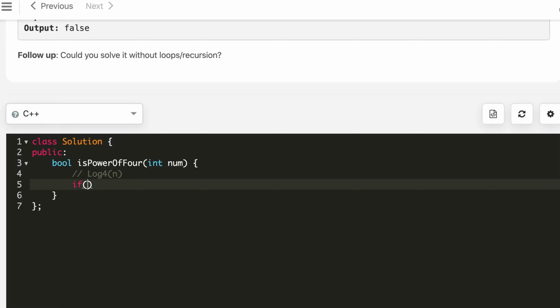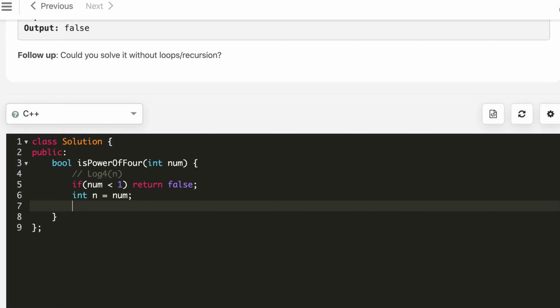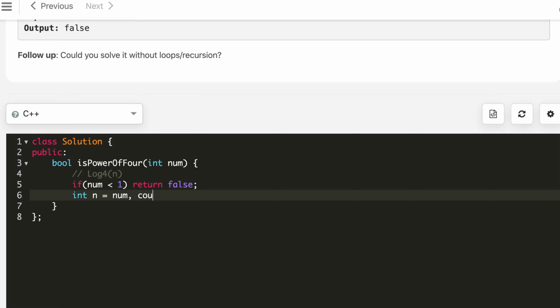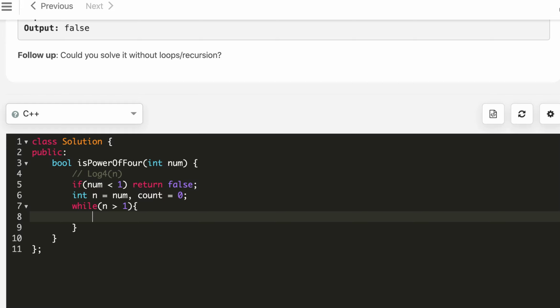So if num is less than 1, return false, else keep a number num n, and also let's keep a count to keep track of how many bits we shifted. So basically we are dividing by 4 here.